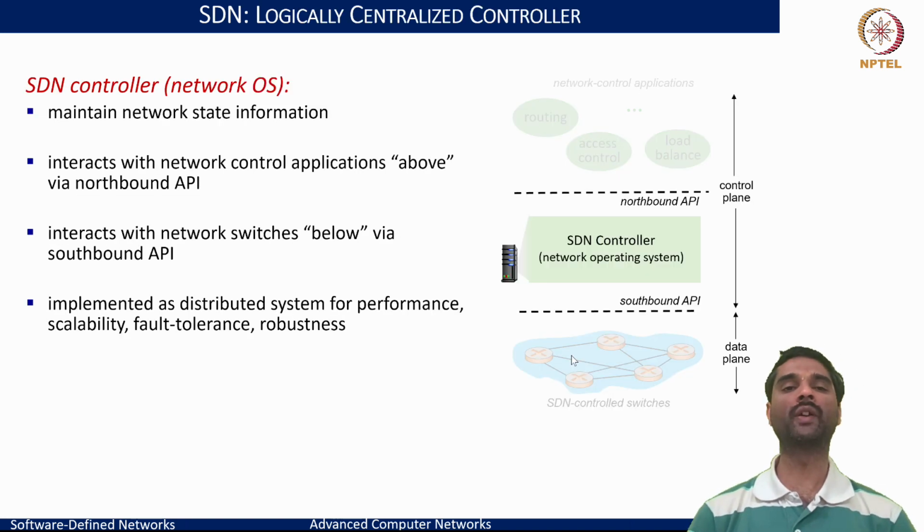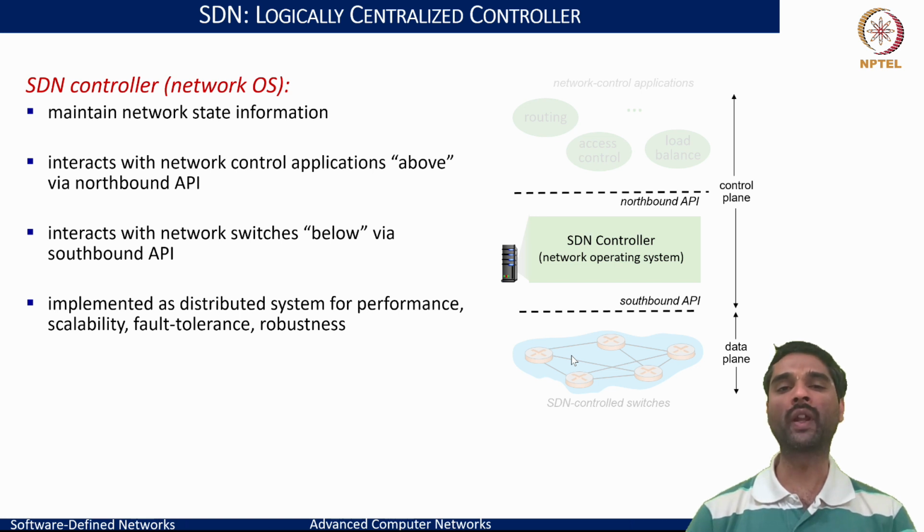And on top of it is the SDN controller, or the network operating system as many refer to it. And this is the key piece which is going to maintain the network state information. And it is going to collect this network state information through the southbound API and communications with each of the networking devices that it is tasked to govern.